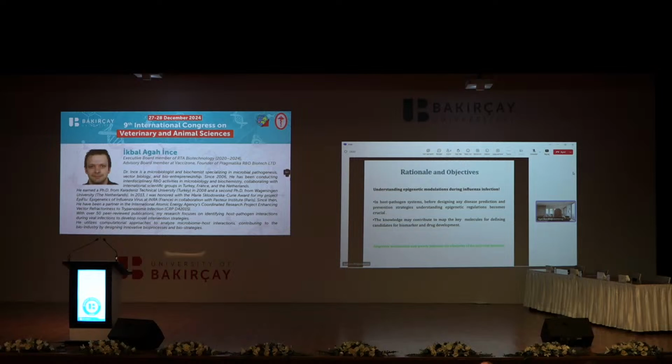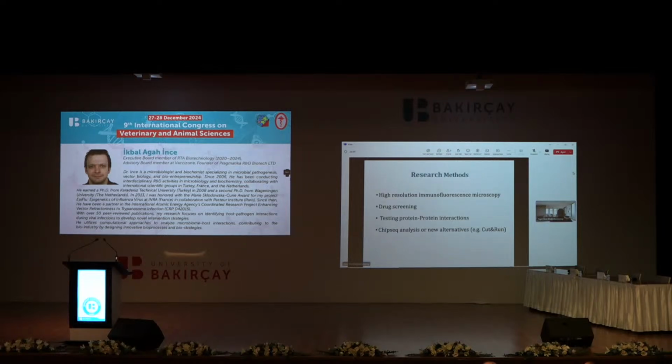So if we can understand and visualize in simple systems, for example cell lines, we can eliminate a lot of failures in our experimental design.